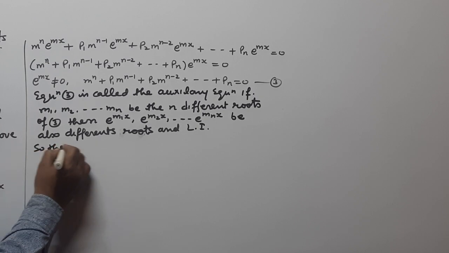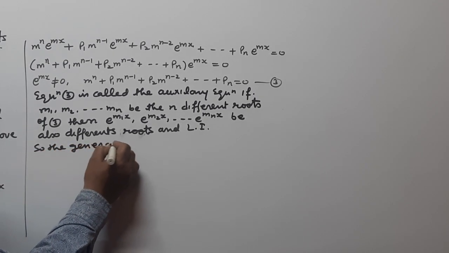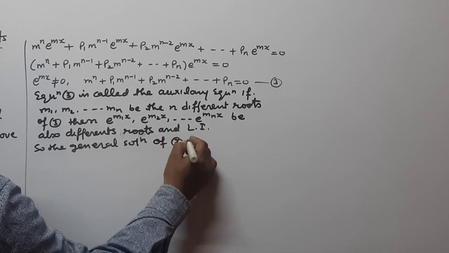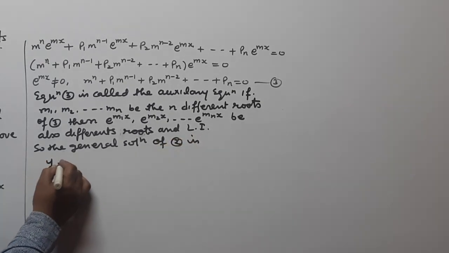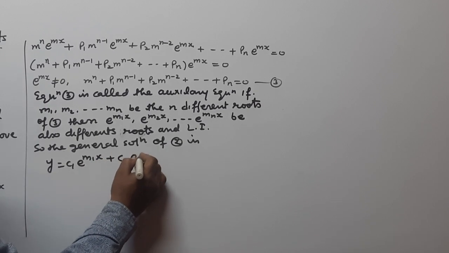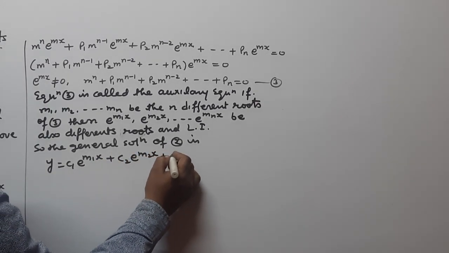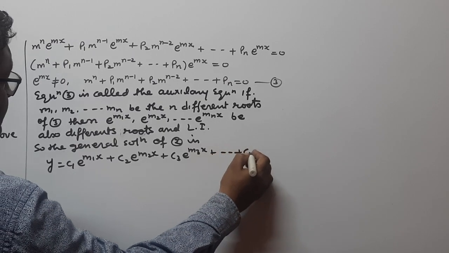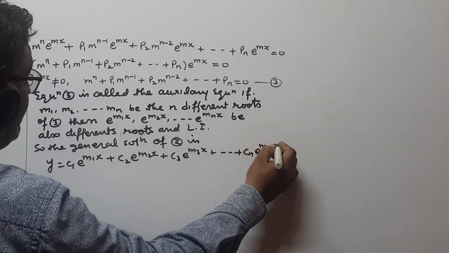So the general solution of second is y is equal to c1 e to the power m1x plus c2 e to the power m2x plus c3 e to the power m3x and so on cn e to the power mnx.